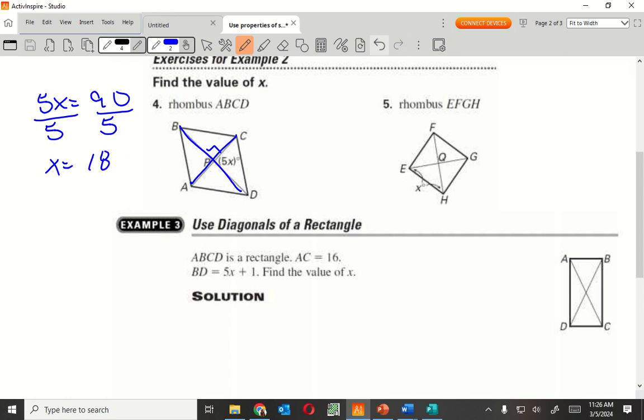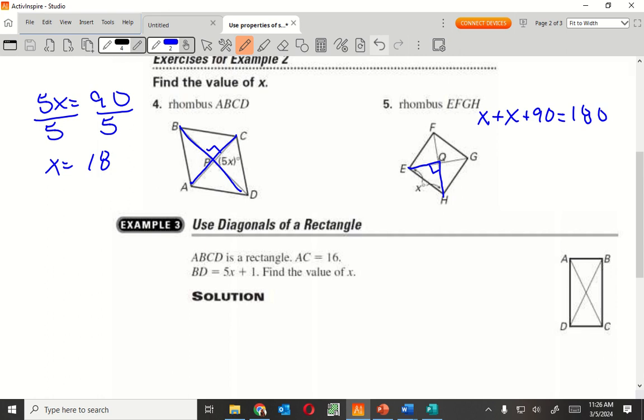Next one. So this one over here, this is similar to what we just did. So I'm going to just identify the right triangle I'm looking at. All three of those angles have to add up to 180. So this x plus that x plus that angle of 90 has to equal 180.